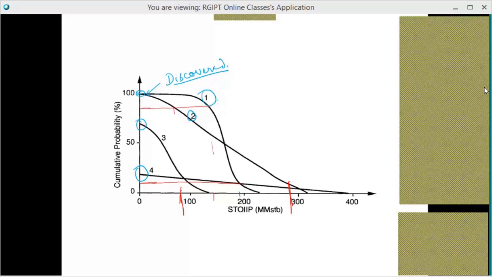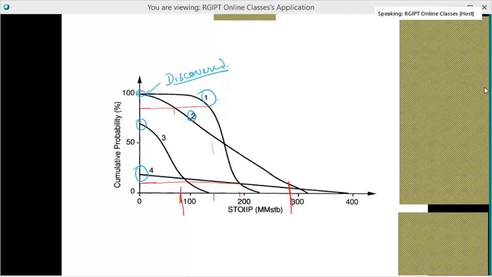It is again discovered, but since it has not been appraised properly, or still there is a lot to appraise, the uncertainty in the estimate is quite large. The difference between P10 and P90 is quite large.